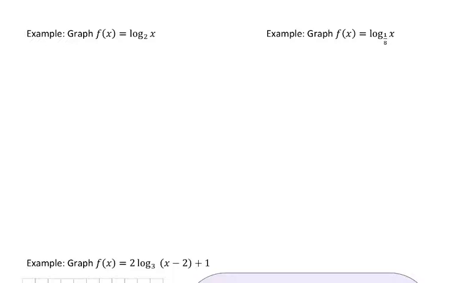All right, so what I want you to notice is that the first two examples are both examples of parent functions here. They don't have any a values out front. You're not having any translations, shifts. So we'll get down into that in a little bit.